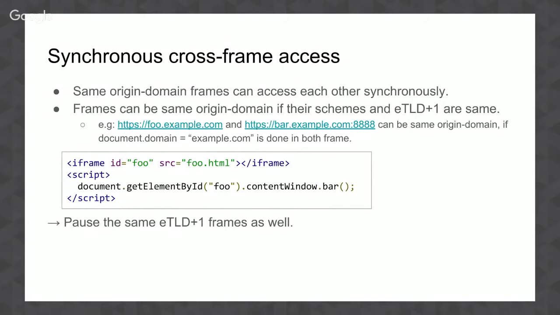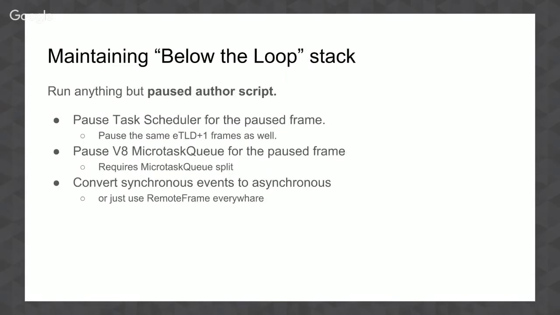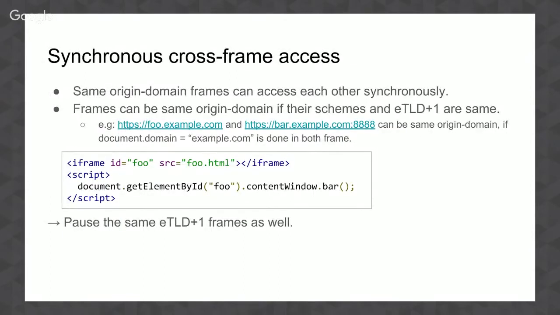So, considering the first item, pausing the task scheduler for the post frame and related frames, there is an issue. The HTML spec says different frames can access each other synchronously if some condition is met.